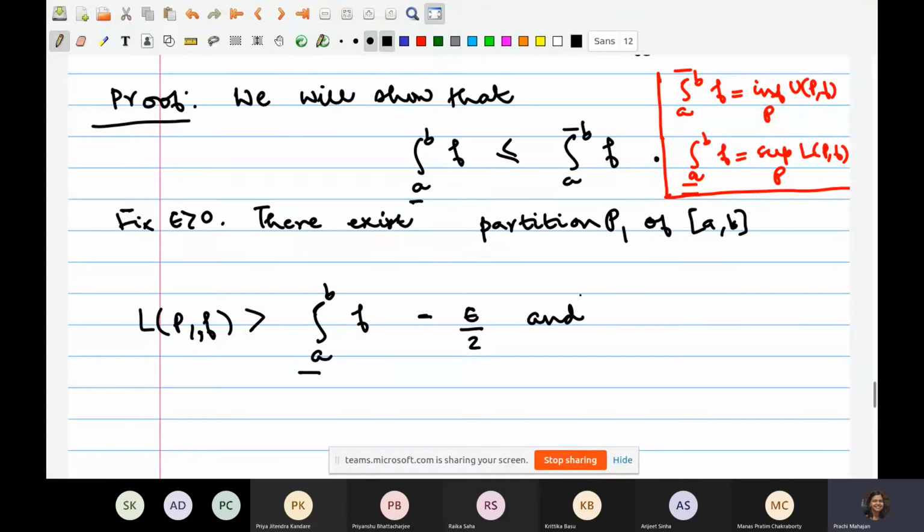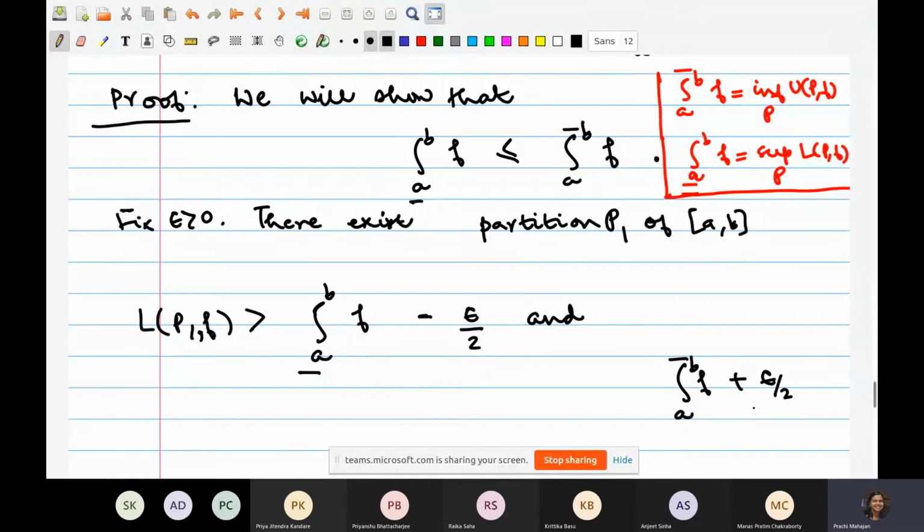And likewise, let me look at the upper integral, which is given as the infimum of something, which means that it is the greatest lower bound. So let me consider something which is bigger than the greatest lower bound: the upper integral plus epsilon by 2.